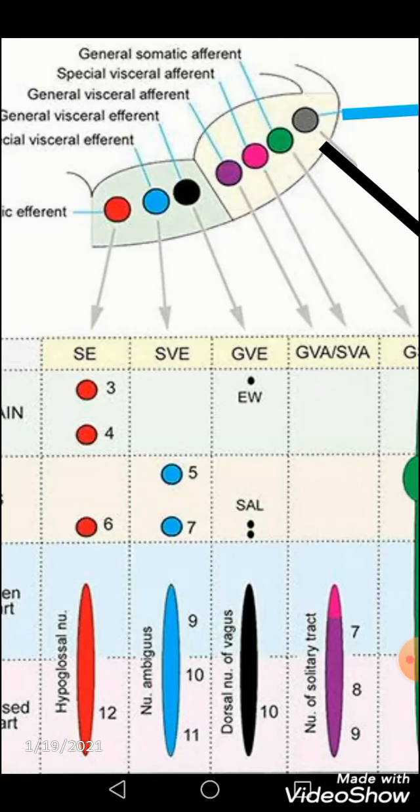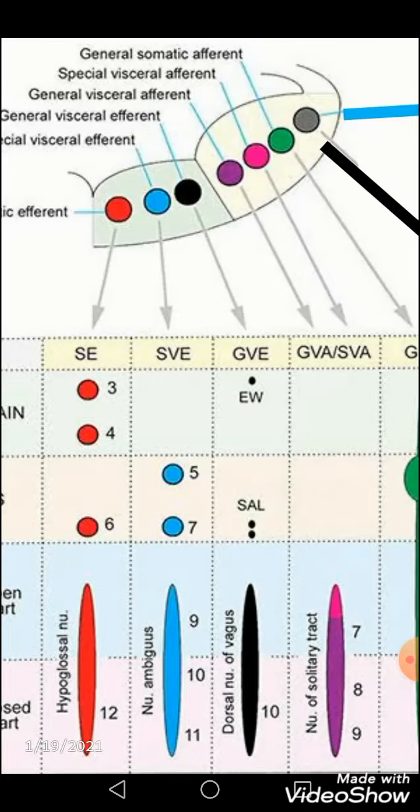Now concentrate on the general visceral efferent fibers, which come under the heading of the basal plate. Number 1 is showing the nucleus of the third cranial nerve, Edinger-Westphal.